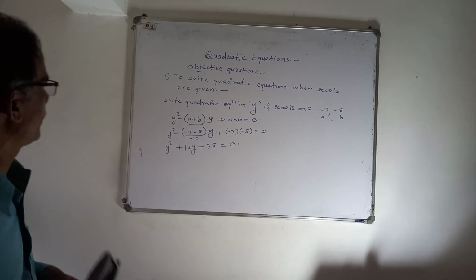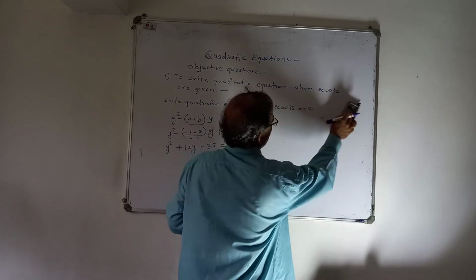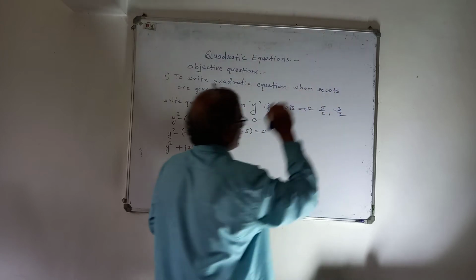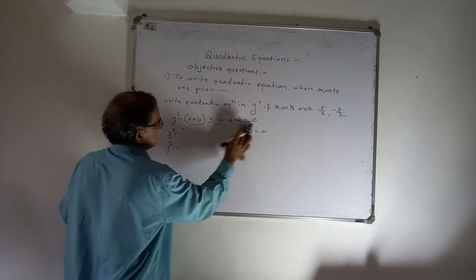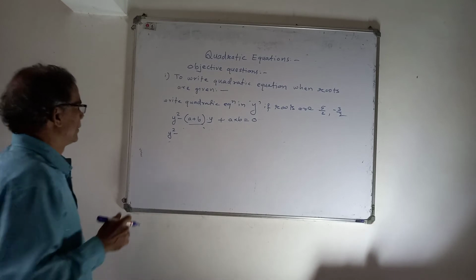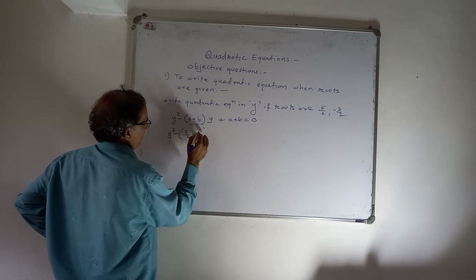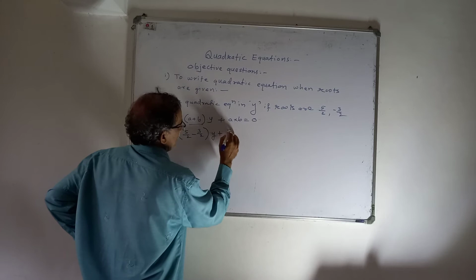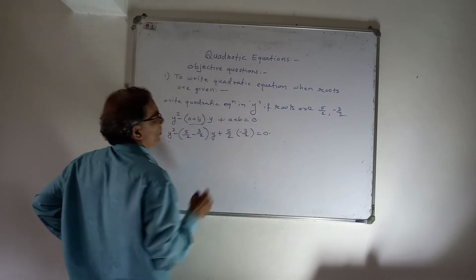Then I shall give you one more. Write quadratic equation in y if roots are 5 by 2, comma minus 3 by 2. Say like this is given. So again say come here. Now y square minus (a plus b). A plus b means what now? 5 by 2 minus 3 by 2, into y plus 5 by 2 into minus 3 by 2 is equal to 0.